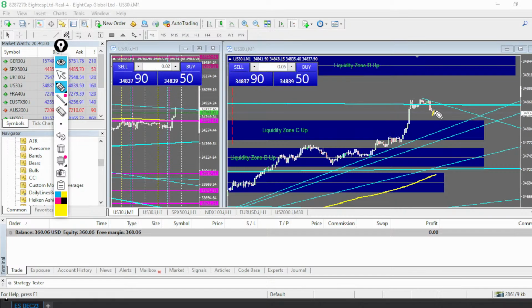I want to see the price go like this. Once it hits this trend line, I can try taking a short. I can protect just above and see if it goes back to the downside.